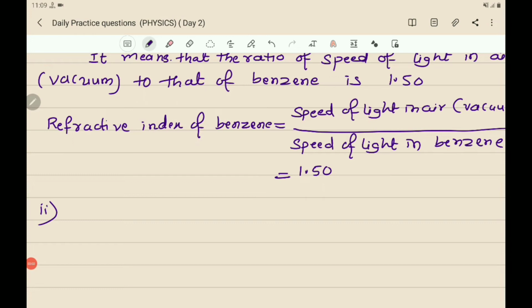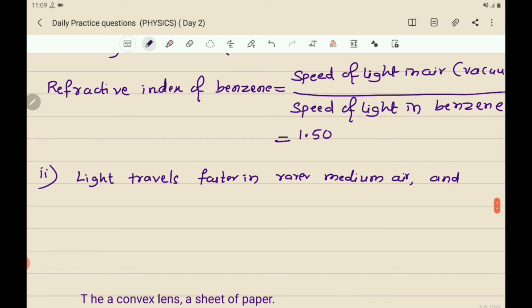So write, light travels faster in rarer medium air and slower in denser medium benzene. Denser medium benzene.